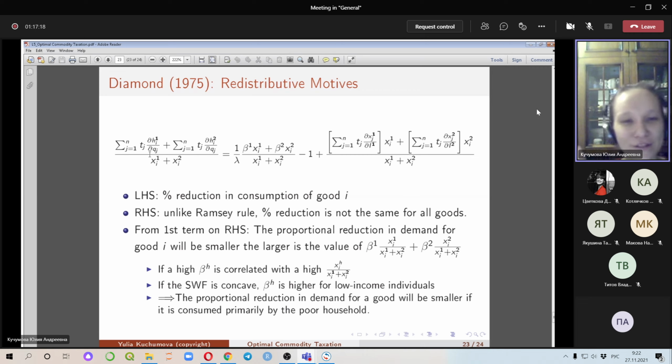So just try to think about this one more time on your own, but it's negative, it's -1 plus something. It would be low if this term is larger. Then what we just need to do is understand when this term is larger.